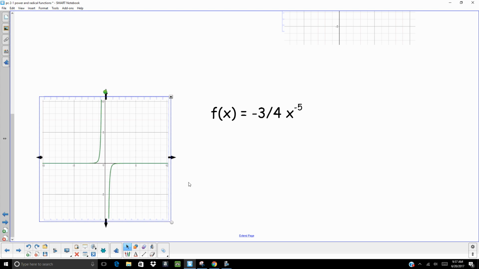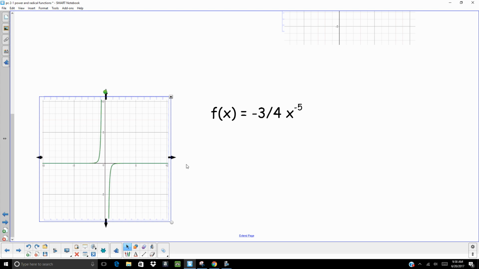All right. First thing I notice is it looks like I have a discontinuity right there. X cannot equal 0. Looks like I'm going to have an asymptote there. And the reason is that x to the negative 5 is going to be down in the denominator. It's also going to have an asymptote on the y-axis.